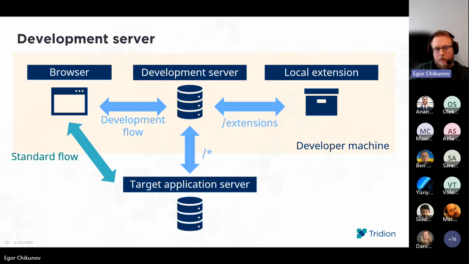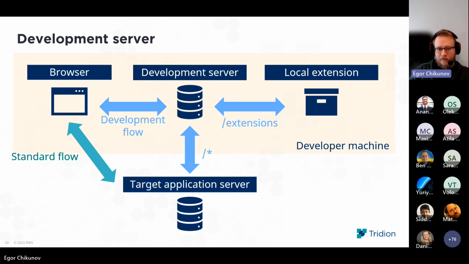How exactly does the development server work? This part is important if you would like to customize any part of the output from the CLI. So with a standard flow, you have communication between the browser and the application server that is somewhere remotely. You open your browser, there's a request to the application server, it responds back, and so on.